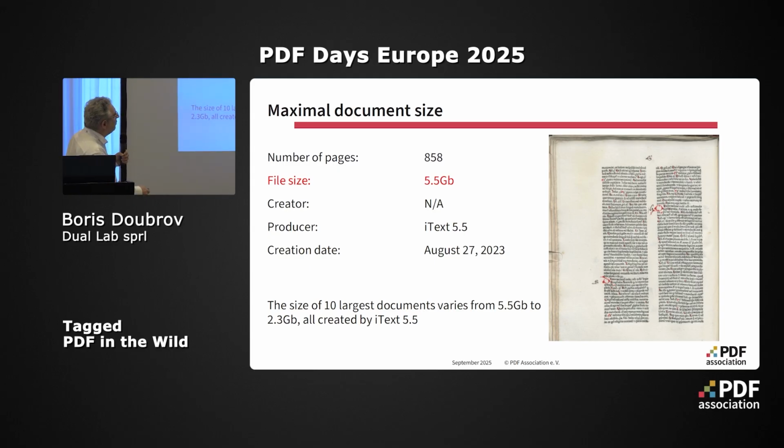That's, again, not surprising. This is just a high-resolution scan with 858 pages. Putting too many high-res images together, you end up with a document of that size. We have inspected the 10 largest files in this collection, and they were all of this kind. So maybe they were even coming from the same application.